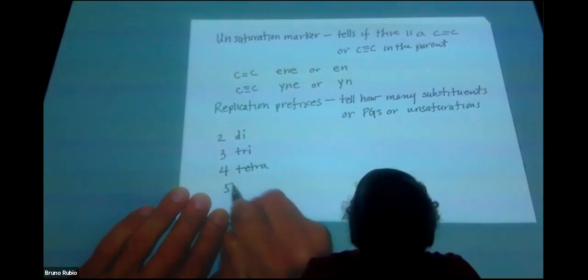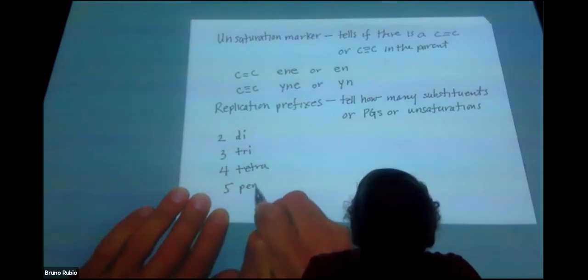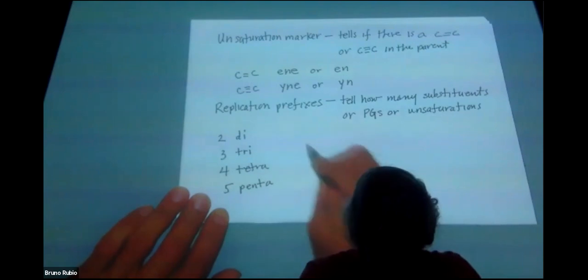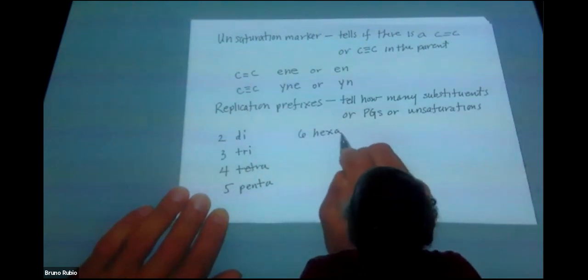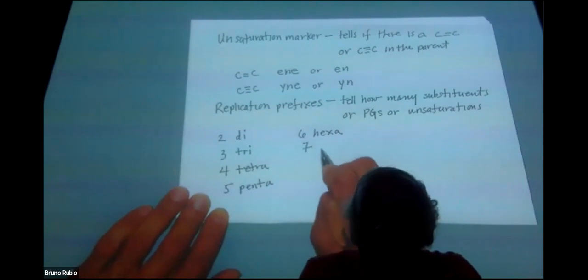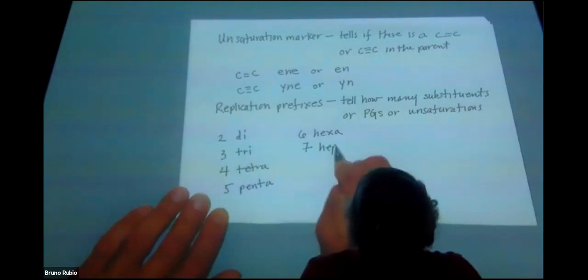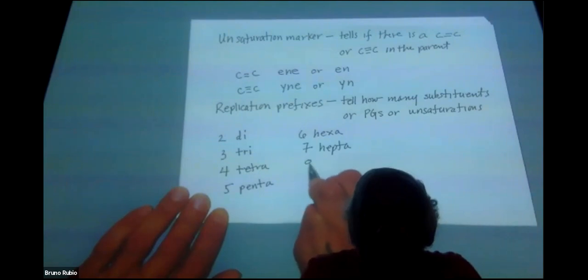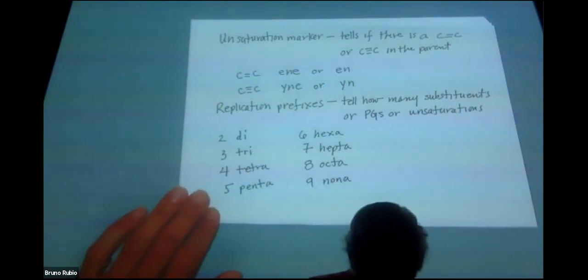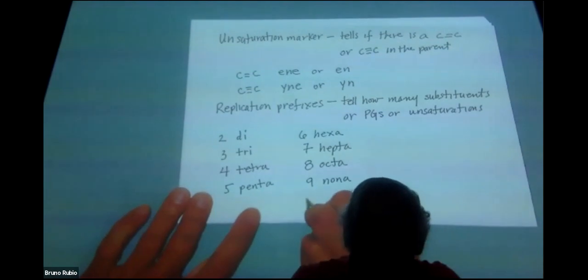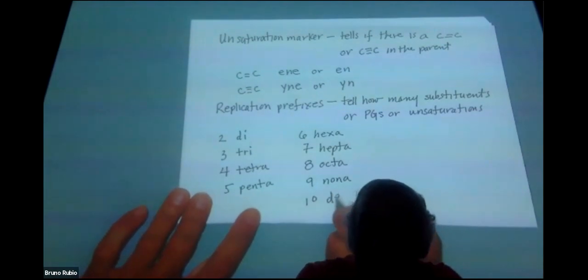If it's 5, penta. 6, hexa. 7, hepta. 8, octa. 9, nona. That's what I call my grandmother. And if there's 10, deca.